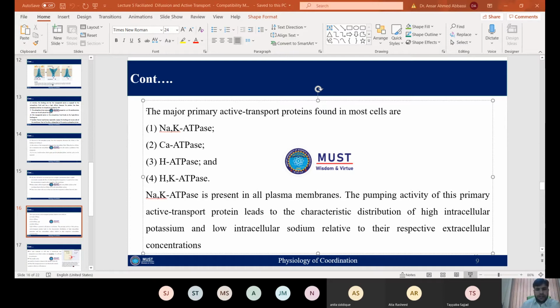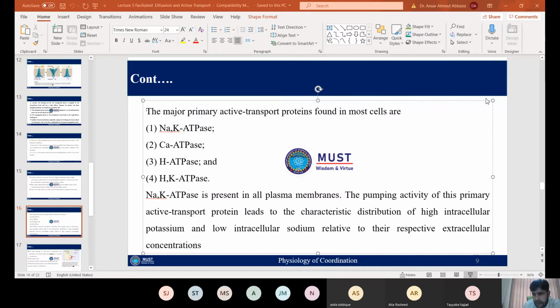So for each molecule of ATP that is hydrolyzed, here you can see that one molecule of ATP is hydrolyzed, the transporter will move 3 sodium ions outside of the cell and 2 potassium ions inside. When the ATP is hydrolyzed, these sodium ions, already at low concentration on the inner side of the membrane, move: one single ATP molecule results in movement of 3 sodium from inside to the outside, and 2 potassium from outside to the inside.